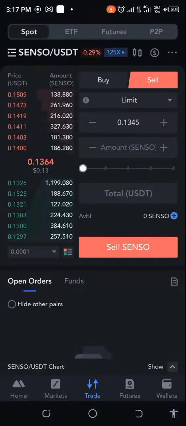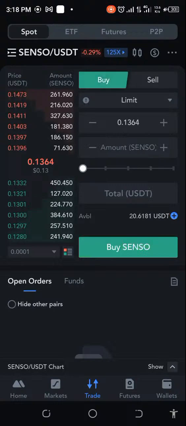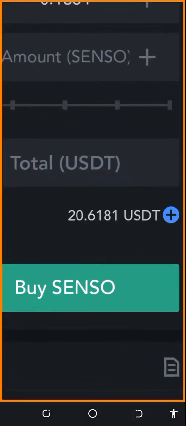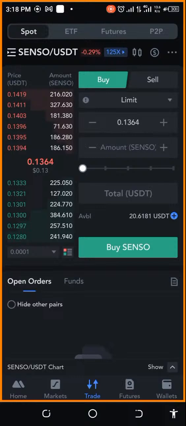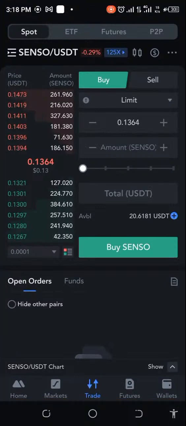All right, I'm back, and it has already sold to USDT. Yes, Senso USDT is already sold. As you can see, Senso has been sold to USDT. I'm so happy. And what do we have here? Yeah, we've got 20.61, just like we said, right? And this trade wasn't that long, really.